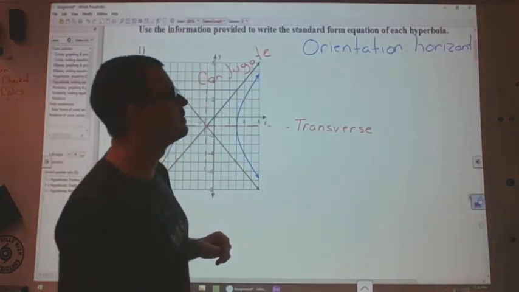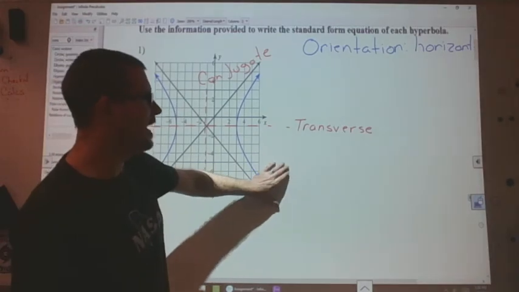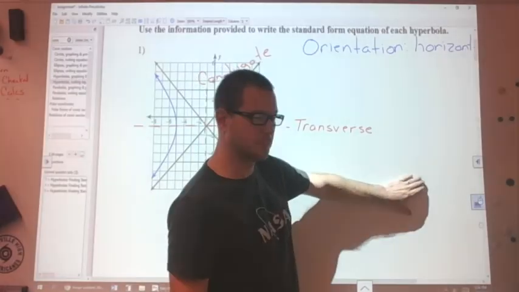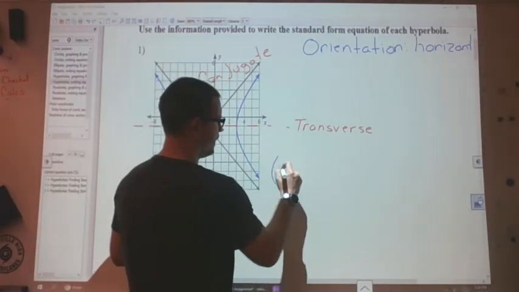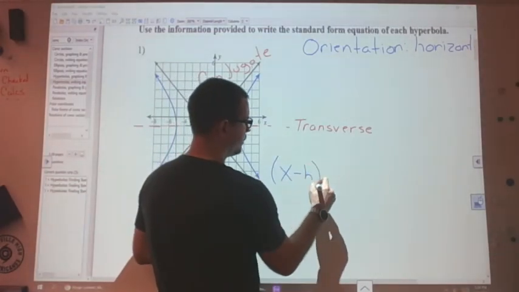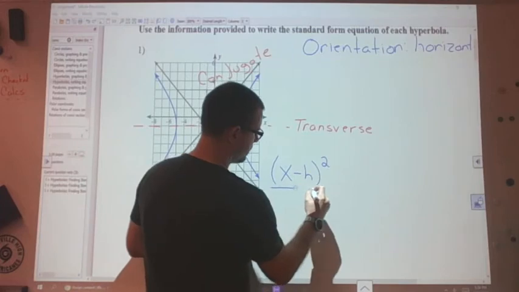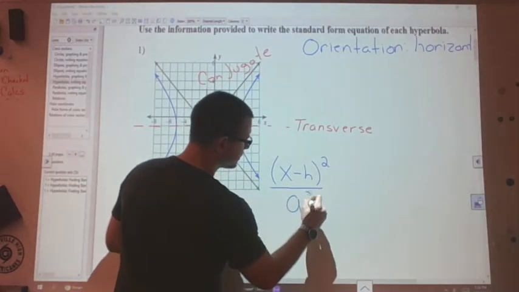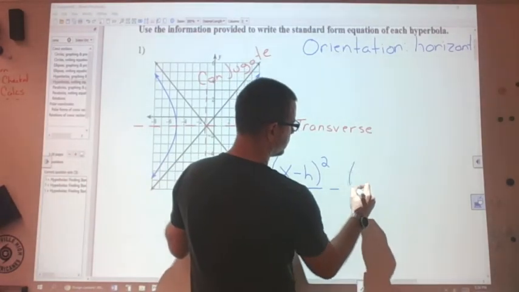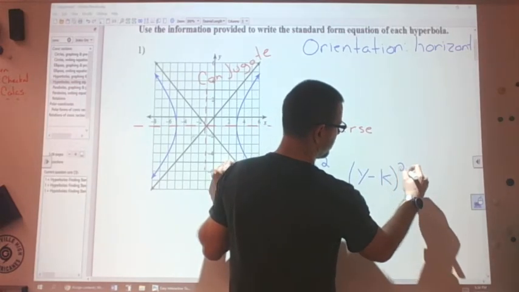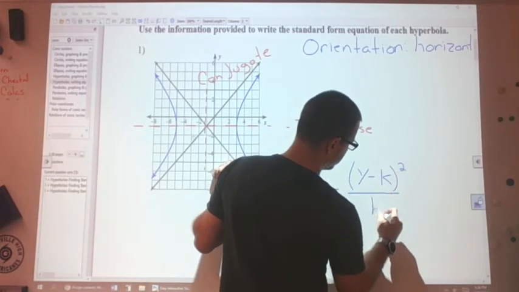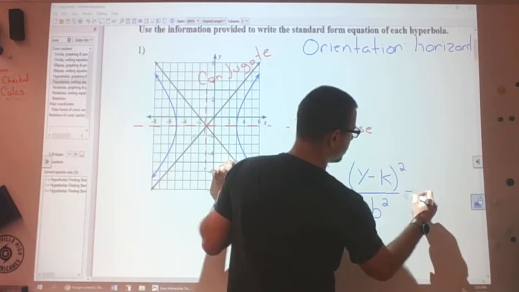Which means that in the equation, x will come first, and then we will subtract y. So we will have (x minus h) squared over a squared minus (y minus k) squared over b squared equals 1.